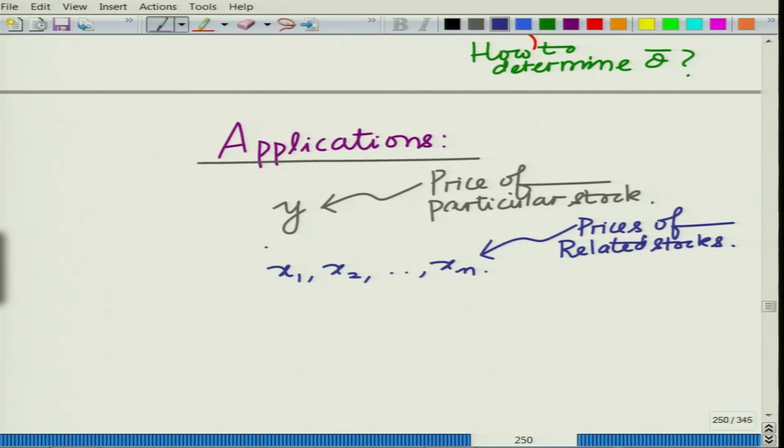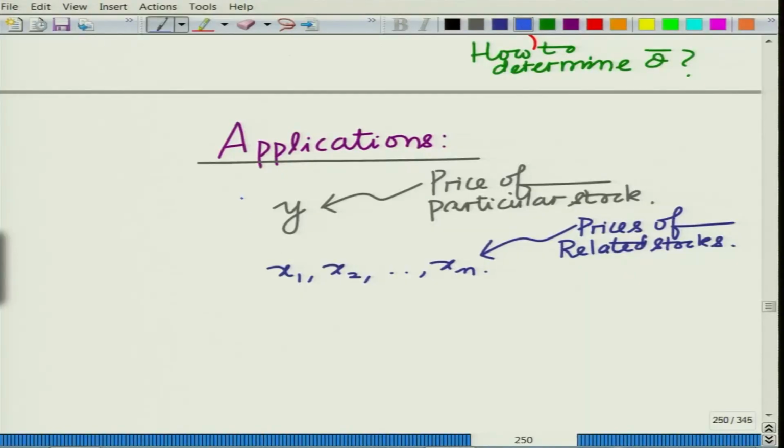So, predict the price y of a particular stock that you are interested in from the prices of x1, x2, xn, which you can think of as a stock market index or a basket of related stocks. So, this is essentially a stock price prediction problem. This is one of the examples of application.